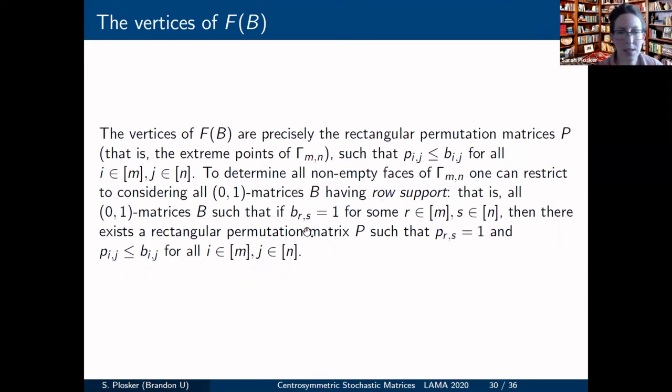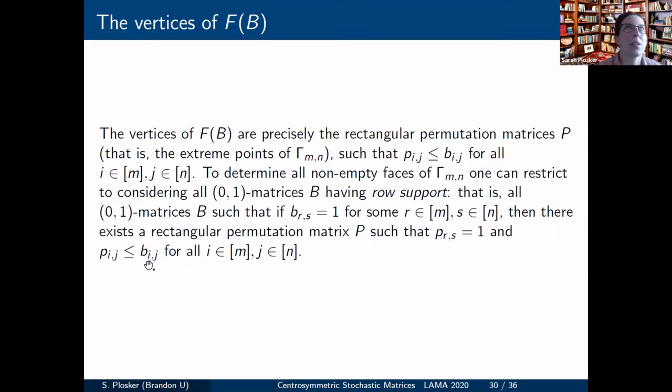What that means is matrices B such that if one of the entries is 1, then there exists a rectangular permutation matrix P such that the corresponding entry is either 1 or is less than or equal to that entry.